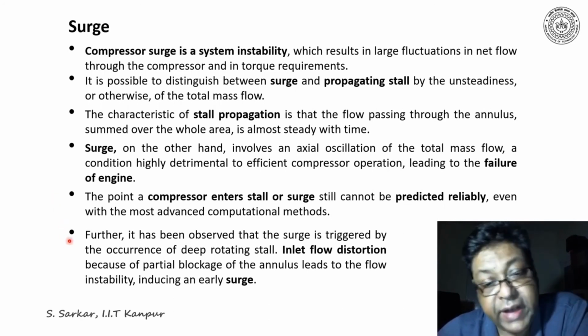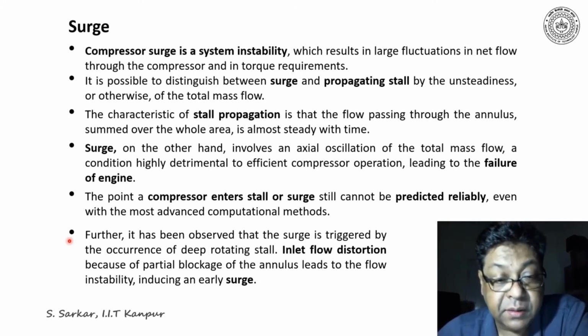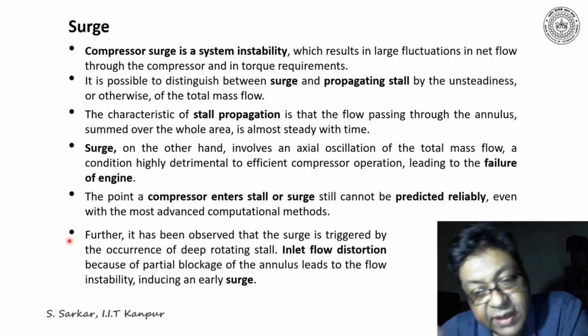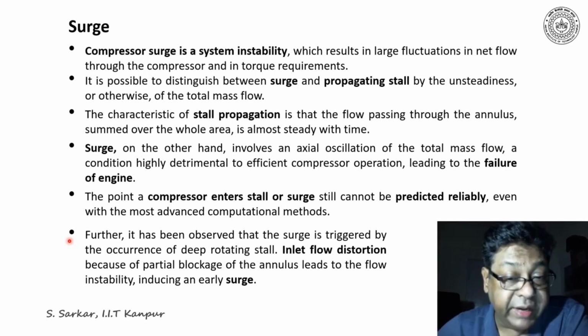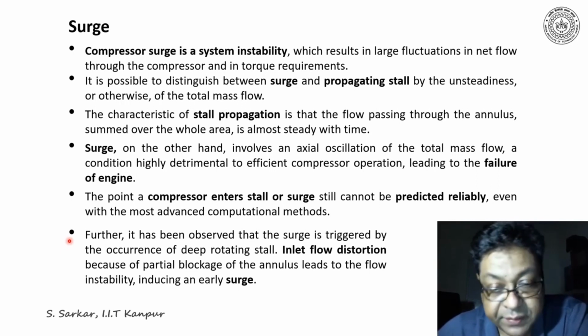Furthermore, it has been observed that surge is triggered by the occurrence of deep rotating stall. So there is a relation between the stall and the surge. Deep rotating stall often triggers surge.